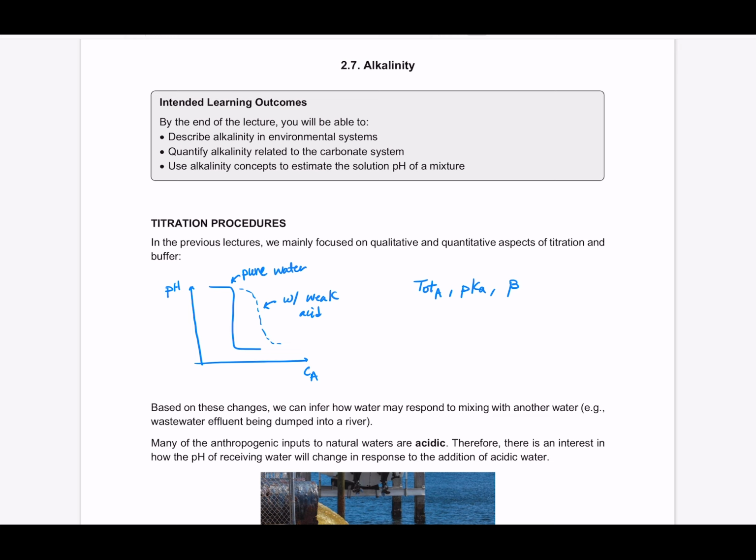In the last lecture we also talked about the buffer intensity of the system, which we defined as the resistance to pH change when we add a secondary solution, which in that case was a strong acid or base added through the titration experiment.